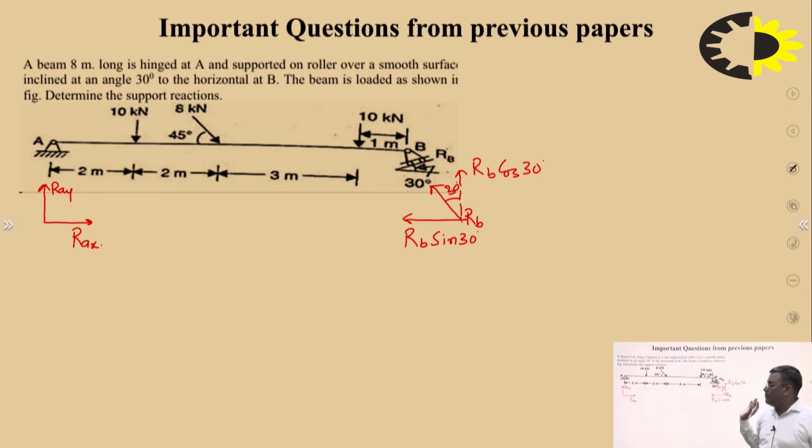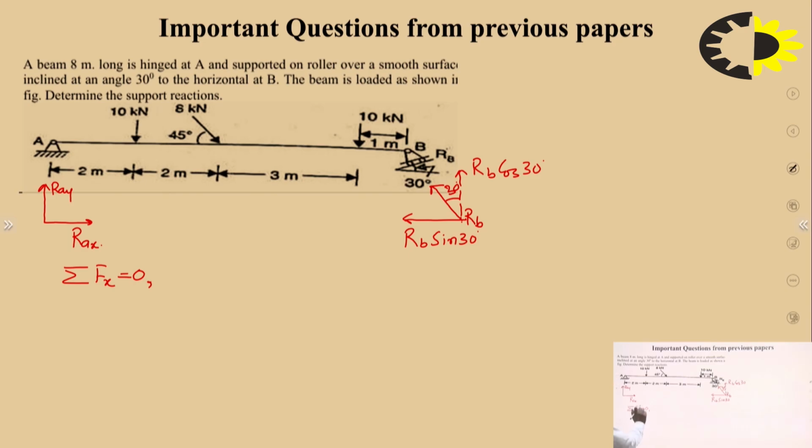Now we are left with only the forces. To define the equilibrium of any body in a two-dimensional force system, I have to apply the equilibrium equations. The very first is sigma Fx equals 0. What does it mean?